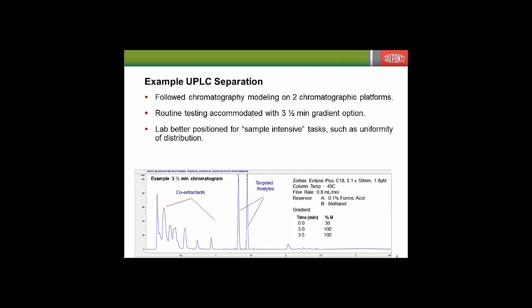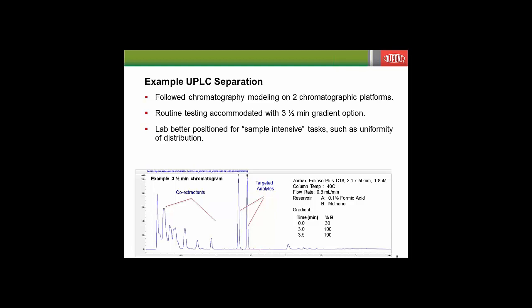So in this particular case, this was at a time when we were going to migrate to UPLC, and so we were screening many actives, and our intent was to have perhaps two chromatographic columns, a C18 and a phenyl column, and between a choice of those two columns and two different mobile phase systems, the intent was to be poised to address any analysis that might come our way.